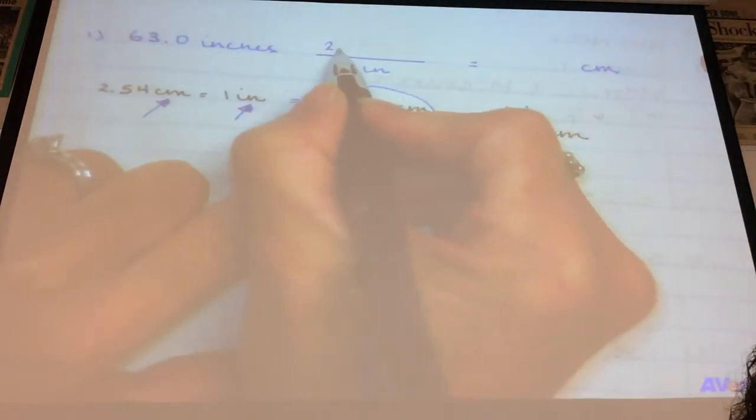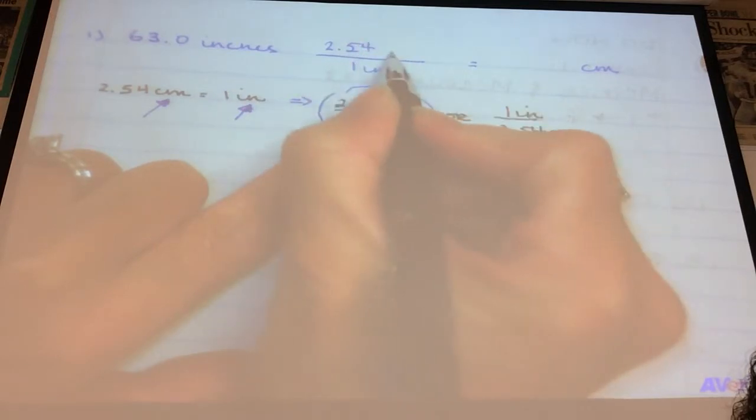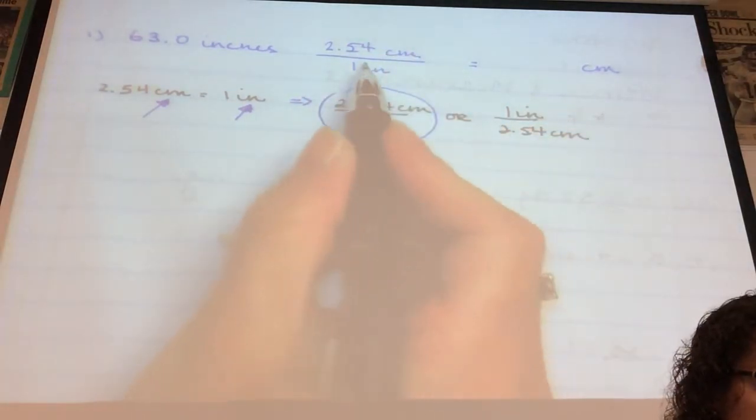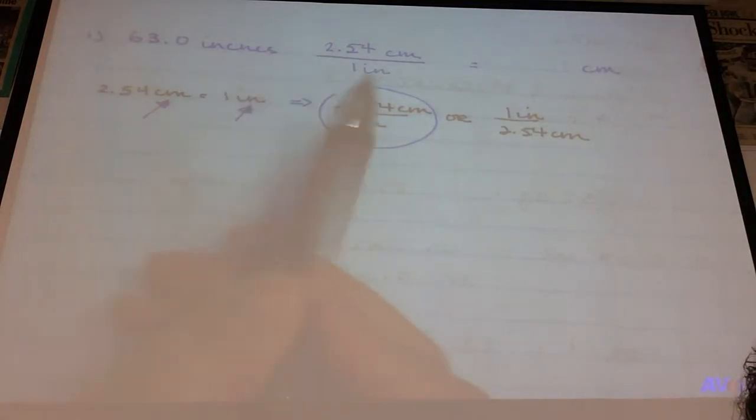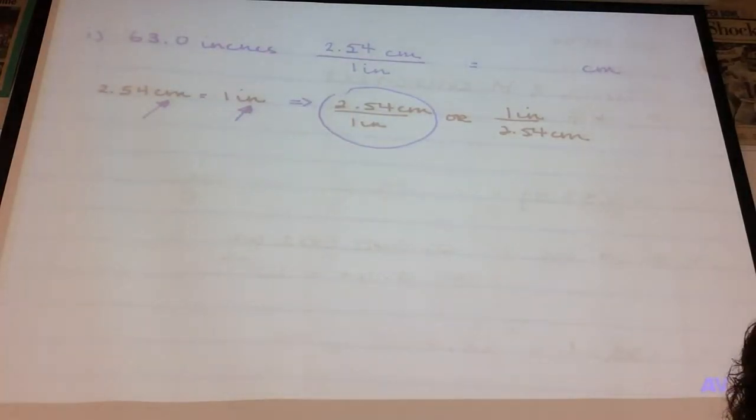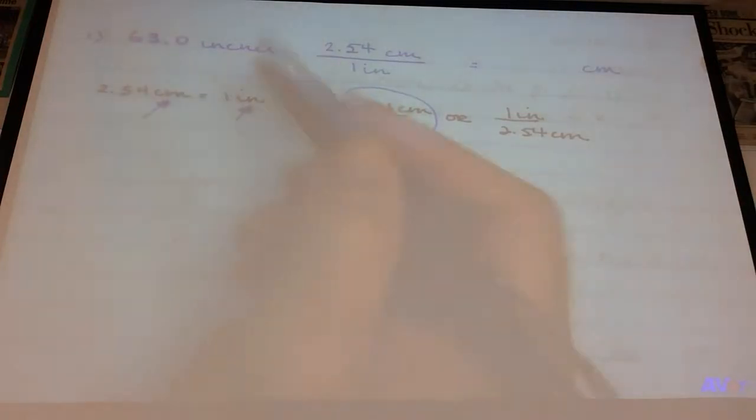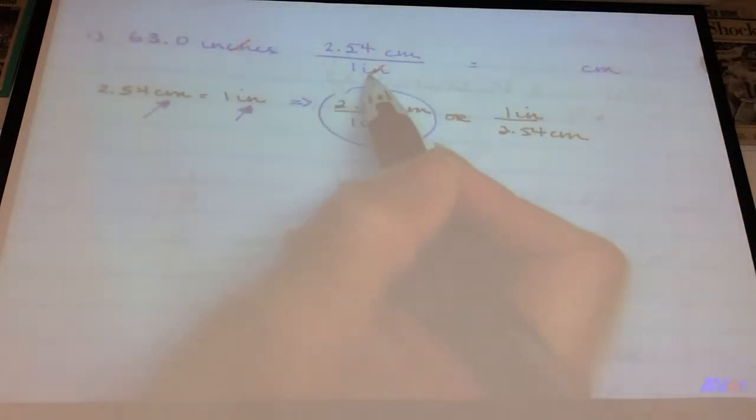Why do you think I wanted inches in the denominator? What happens to units when you divide them? They cancel. So you'll get those units to cancel.